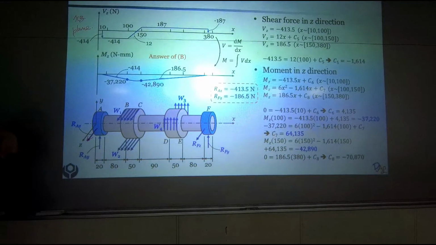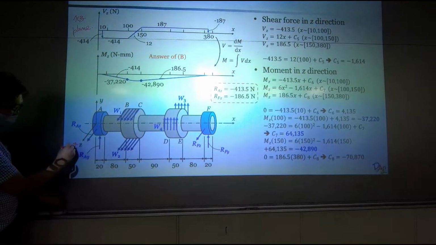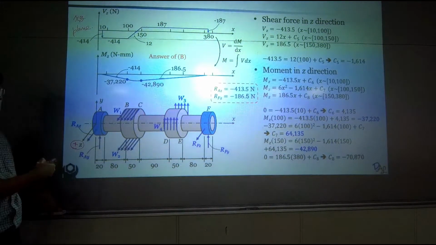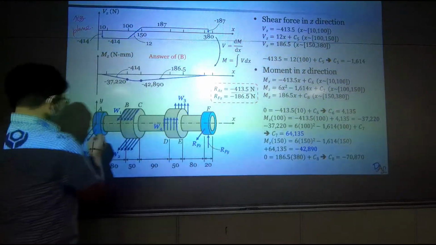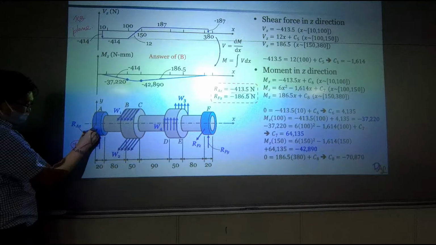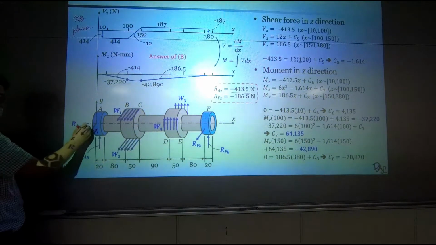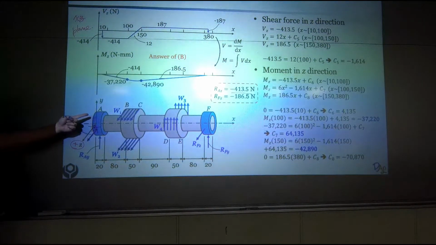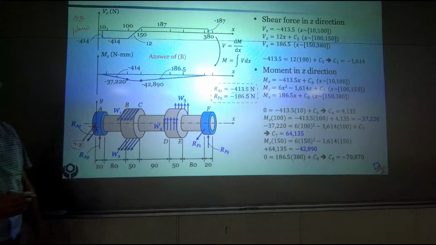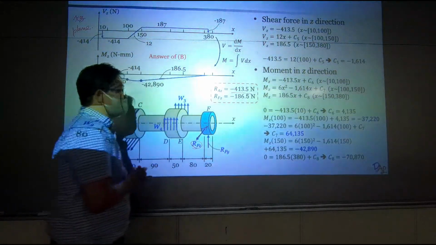Because this is positive z, going this way is positive z, but based on what we had earlier, it was negative. So the force right here is actually going in the negative z direction, into the whiteboard. And also for this one, it's going into the whiteboard.